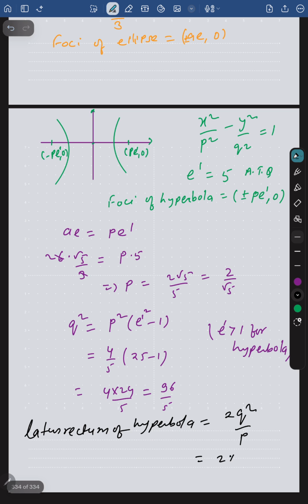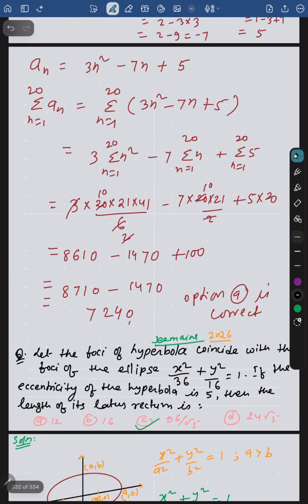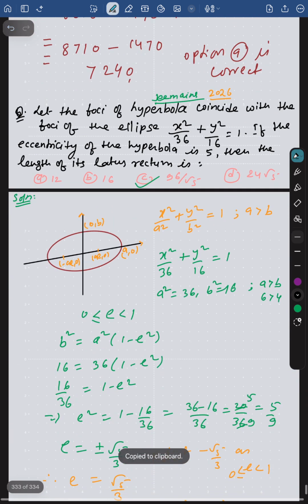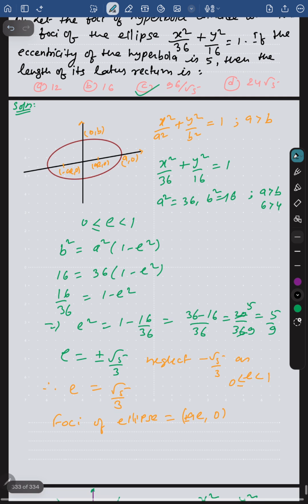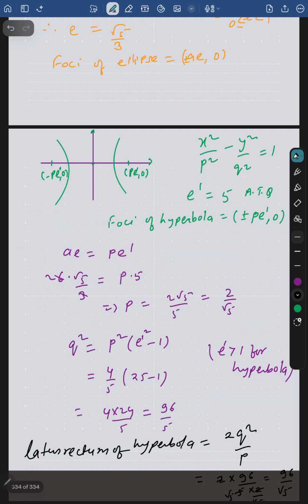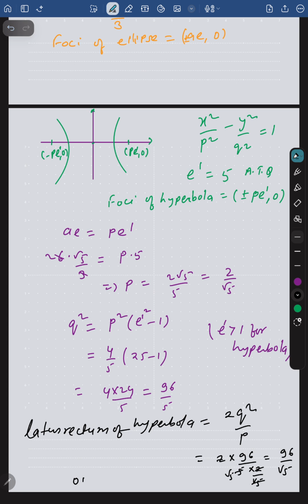So q square is 96 upon 5 and p is 2 upon root 5. The 2 gets cancelled, and this root 5 goes up, so you are getting 96 upon root 5. So let us check which is the option over here. Yes, it's option C. So option C is correct.